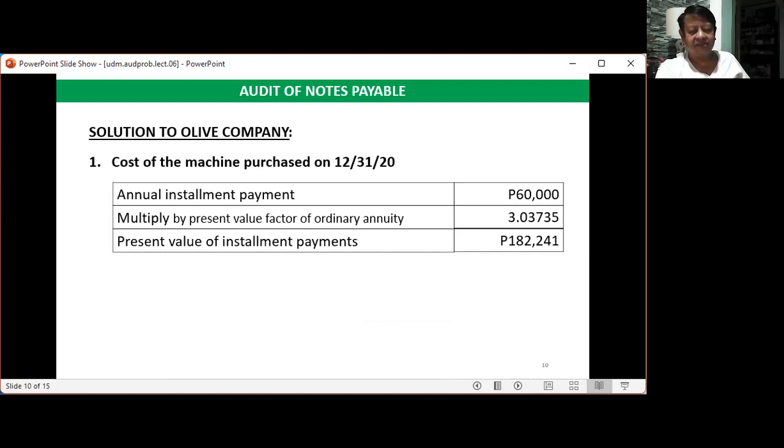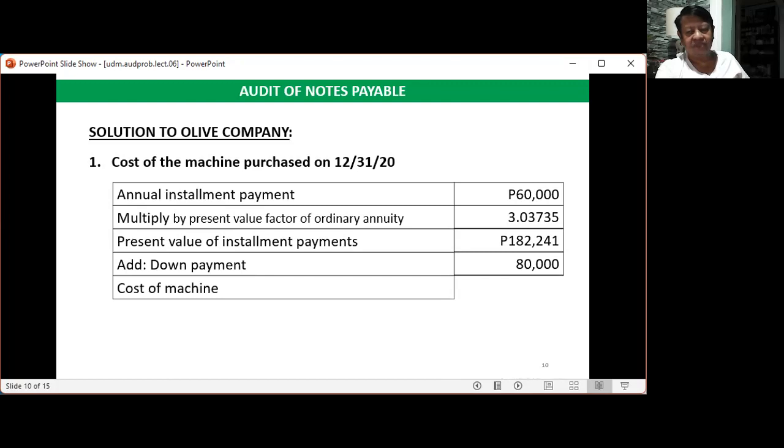And then we will add the down payment of 80,000 pesos in order to arrive at the cost of the machine. In this case, the cost of the machine is 262,241 pesos. So this is the answer to question number 1. The cost of the machine purchased on December 31, 2022: 262,241.